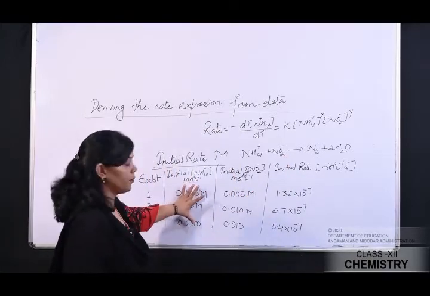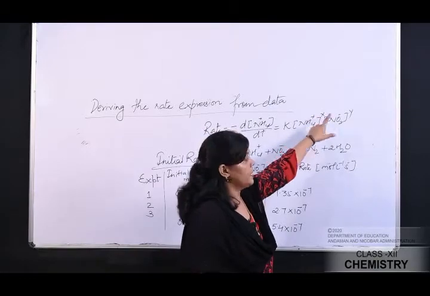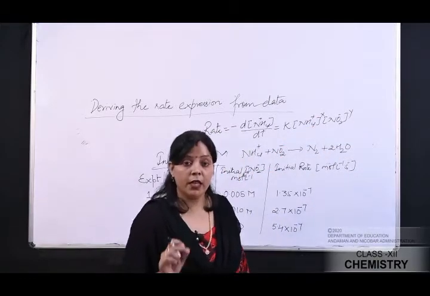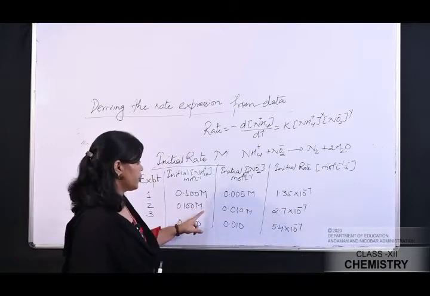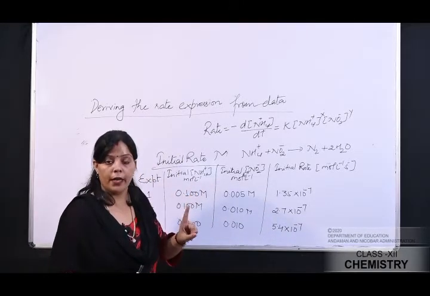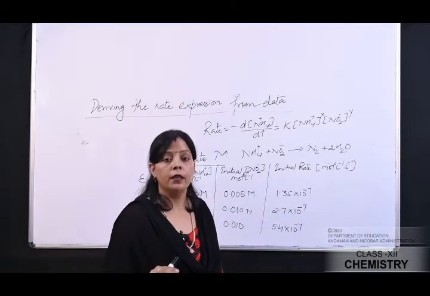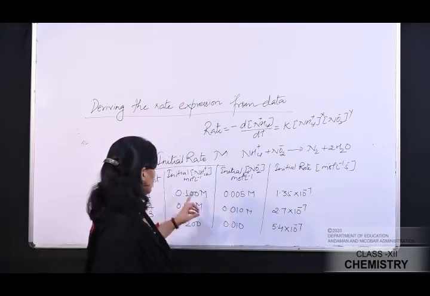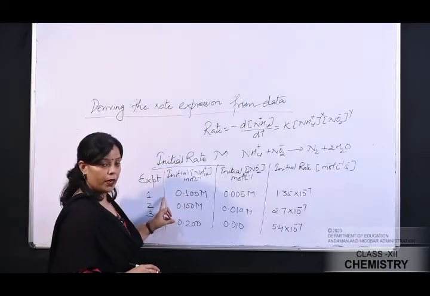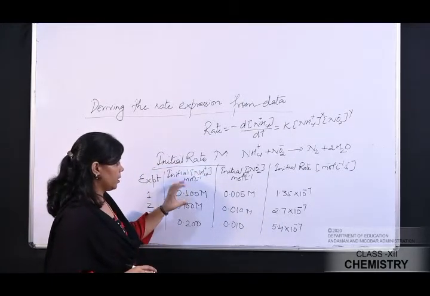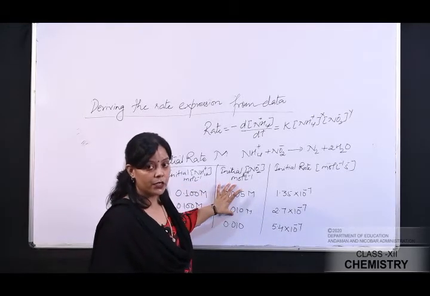So on the basis of these data, we are able to derive the values of the exponents x and y. The strategy is to first find the 2 experiments in which the concentration of one reactant is changing, whereas the concentration of the other reactant remains the same. In experiment 1 and experiment 2, it is clear that the concentration of ammonium remains constant, whereas the concentration of nitrite is changing.